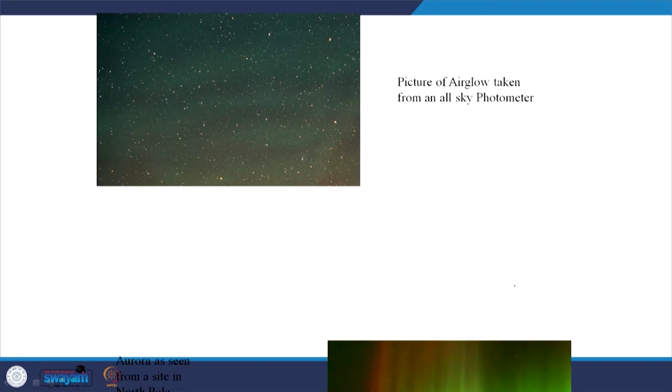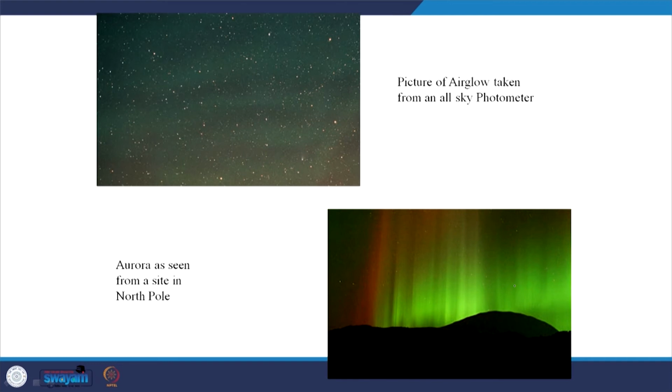The night sky is not completely black because of the starlight and because of the airglow as well. But at the same time, aurora is a totally different phenomenon, a totally different level. That means auroral intensities you can see with your naked eye, and they are very prominent, not to be ignored and not to be searched for.